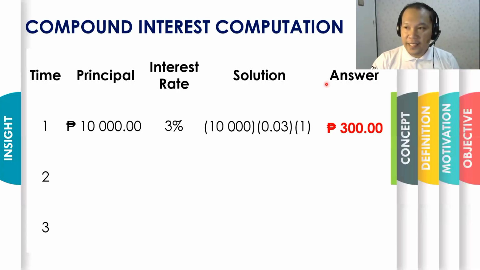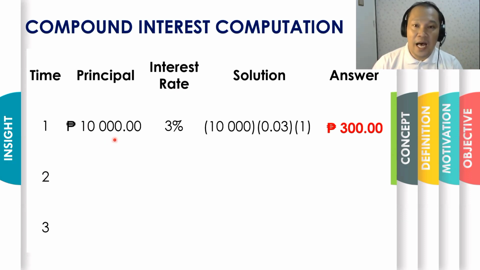And since this is a compound interest, as defined earlier in our compound interest concept, the accumulated interest will be added to our principal, which is 10,000. Unlike with a simple interest, wherein the interest earned is constant through years.